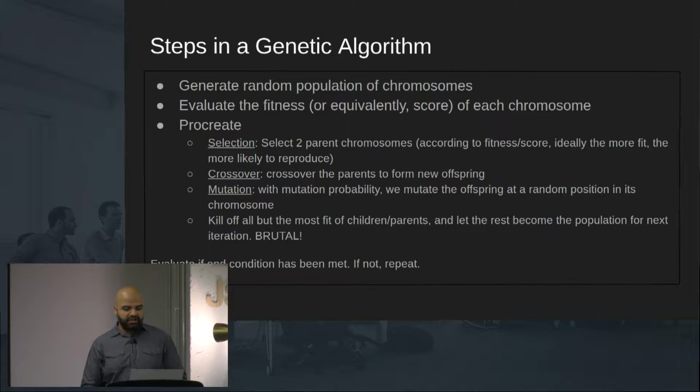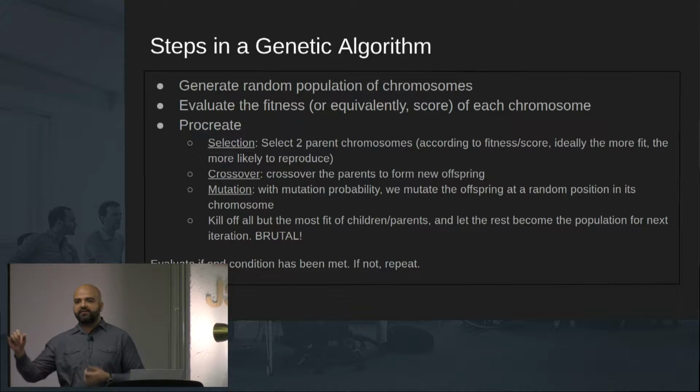Then in the crossover stage, you have parents and they produce offspring. What does that mean? You could define it in your own way, but you want to take the two chromosomes and in some way merge them together, with some level of randomness. One thing you can do with two chromosomes is say the first half comes from one parent and the second half comes from the other.